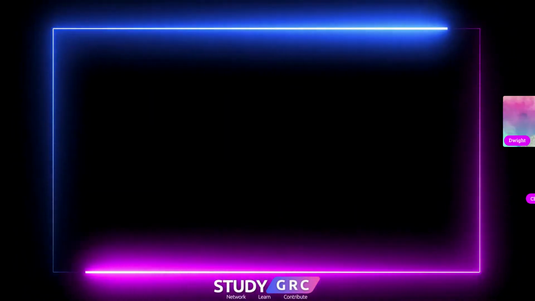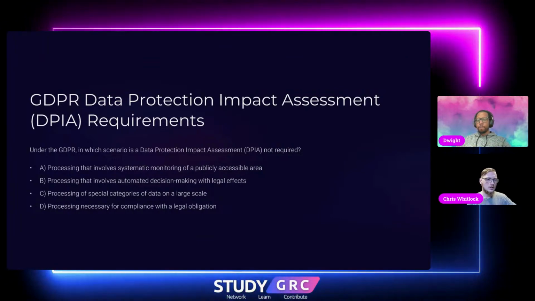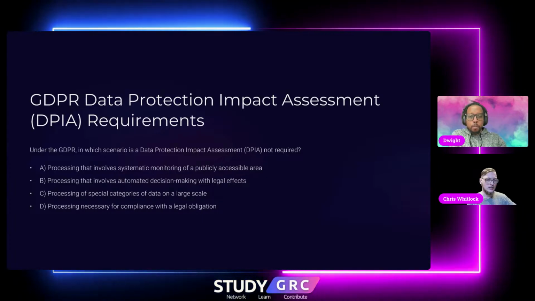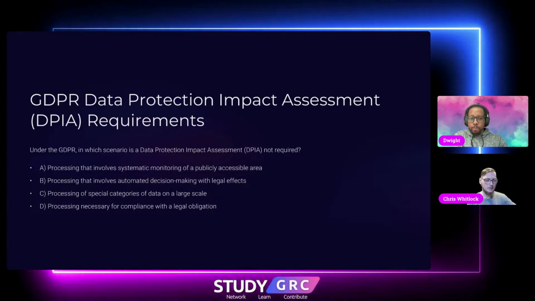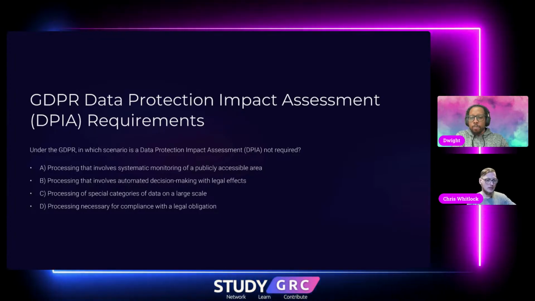And then let's go ahead and go over this quiz here. So I'm going to go ahead and pull this back up for everybody. The question was: under the GDPR, in which scenario is the data protection impact assessment, DPIA, not required? With 4 different options here.